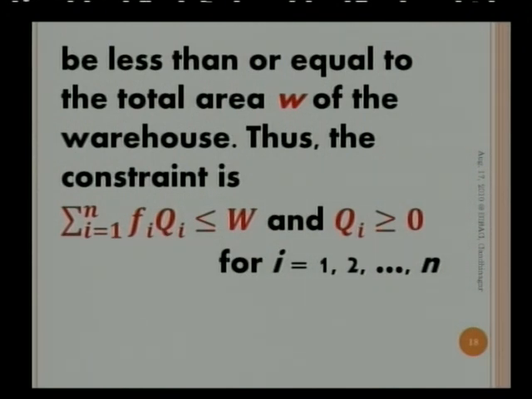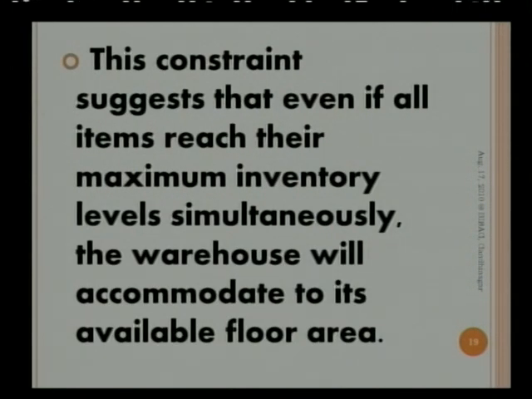For n items it will be the summation of Fi Qi, but the total maximum available floor space with the warehouse is W. So sigma Fi Qi, the sum of all the floor space required by all the n items of Qi units, will be less than or equal to W, and since we are working with real problems, Qi has to be non-negative.